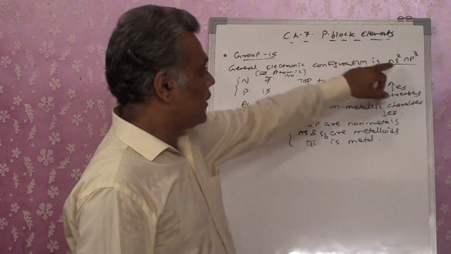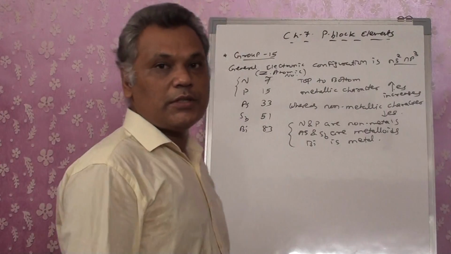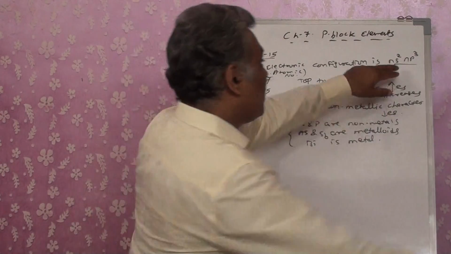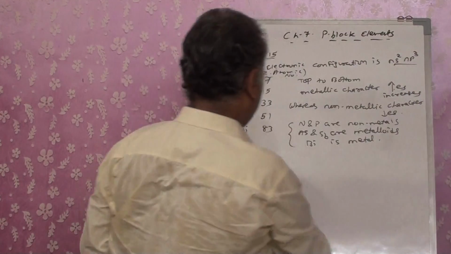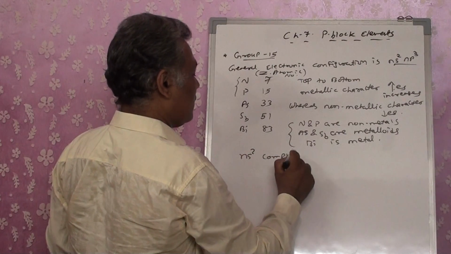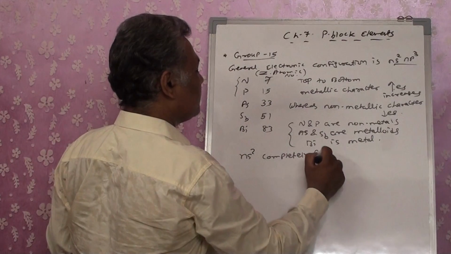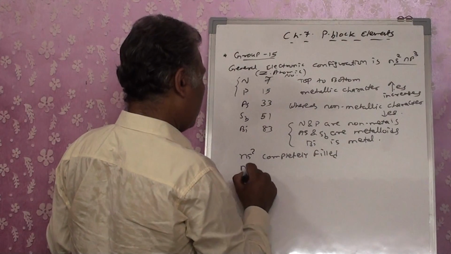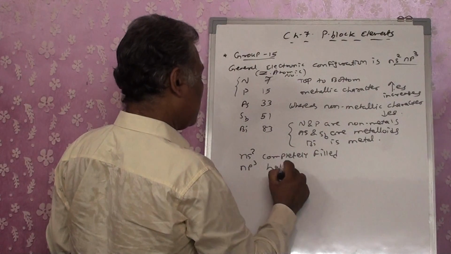Then we saw that its general electronic configuration is ns2 np3. Now ns2 means completely filled, and np3 means half filled.